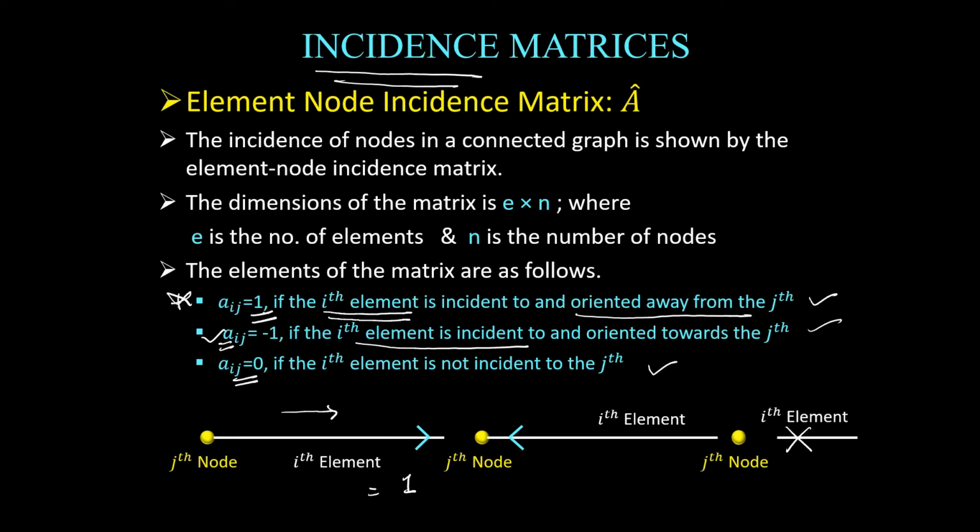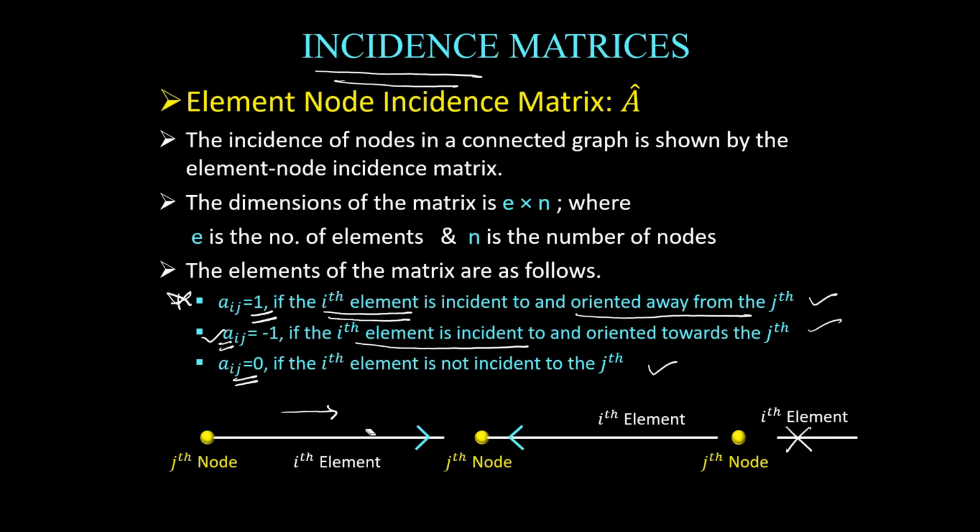We will get a plus value if the direction is away from the node. If the direction is towards the node, then we will get the value -1. If the line is not at all connected to the jth node, that value will be equal to 0.